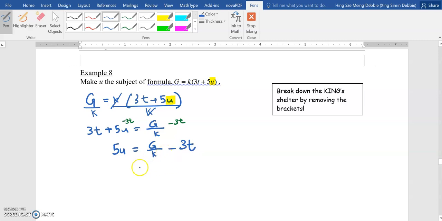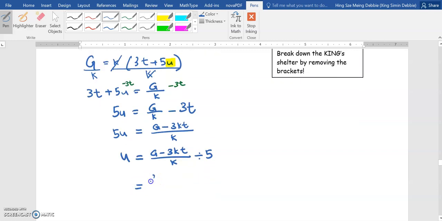Now let's tidy the right side of the equation such that it is a single fraction. I know that this will be G minus 3KT over K. Then in order for U to be the single subject, I will divide by 5 on both sides, and that gives me G minus 3KT over K divided by 5, which is essentially G minus 3KT over K times 1 over 5.